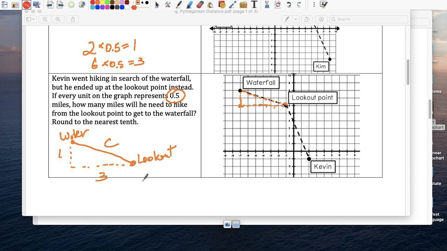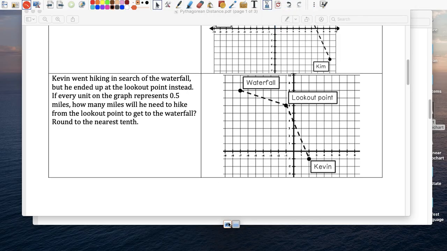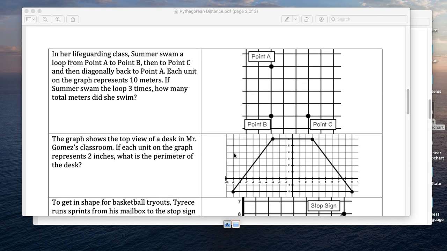So we get 1 squared plus 3 squared equals c squared. 1 plus 9 equals c squared. So 10 equals c squared. Take the square root of both sides, and c equals approximately, again, 3.16 rounded. So nothing crazy.